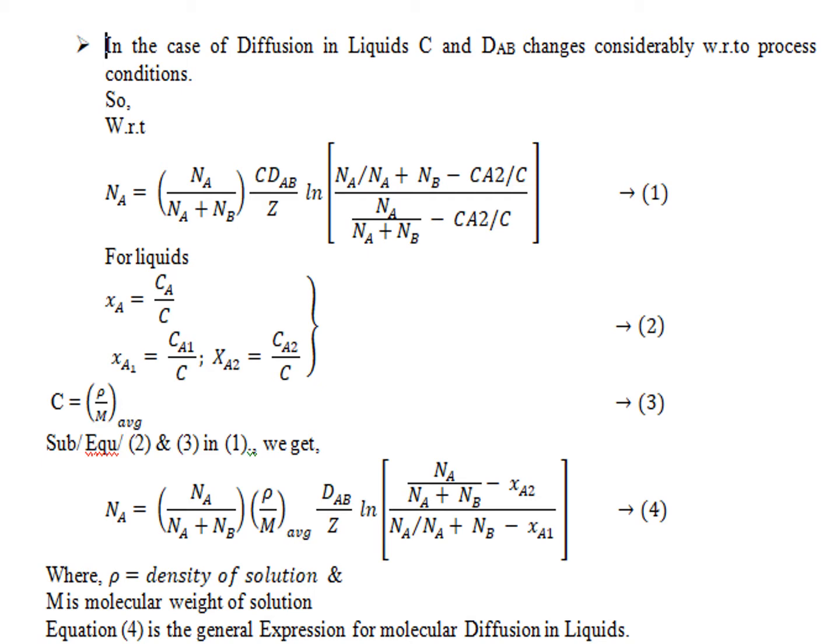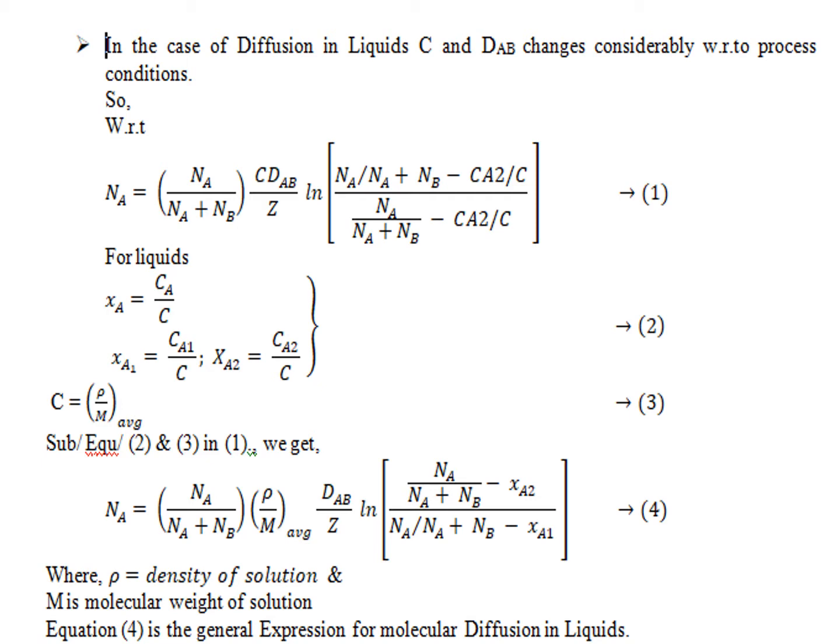Substitute equations 2 and 3 in the first expression. We get NA is equal to NA by (NA plus NB), replacing C with rho by M average, times DAB by Z, times ln of [NA by (NA plus NB) minus XA2] whole divided by [NA by (NA plus NB) minus XA1]. CA2 by C is nothing but XA2, and CA1 by C is XA1.